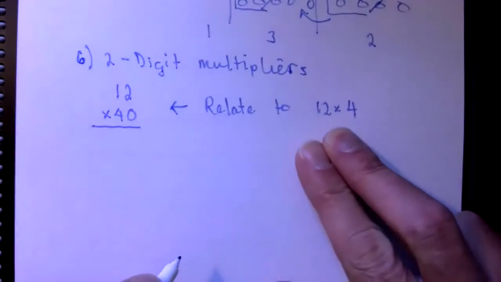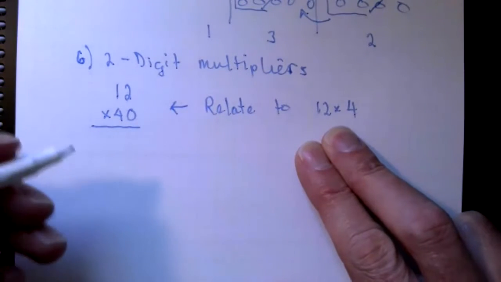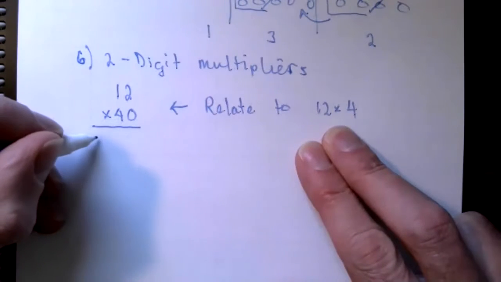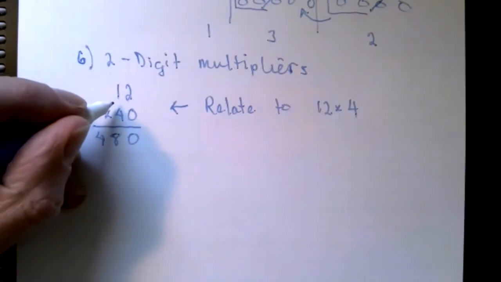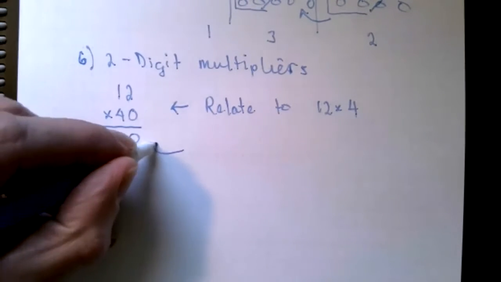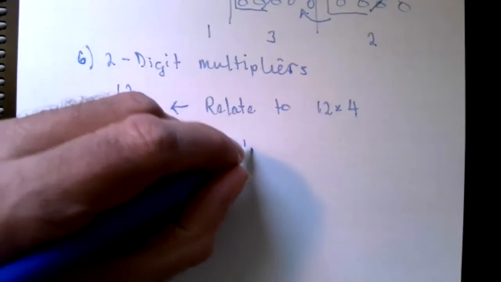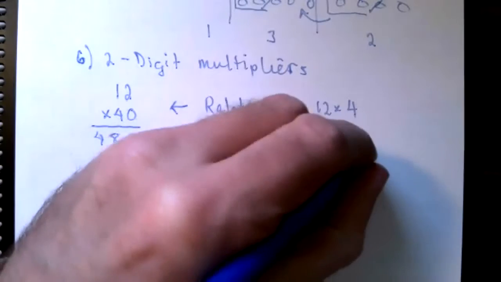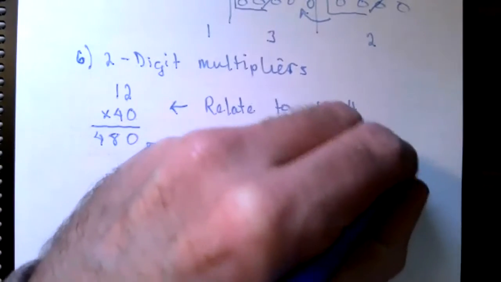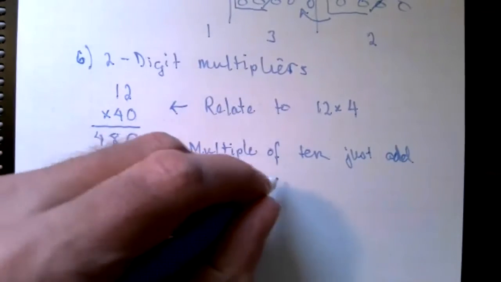Now you don't really need to know anything beyond this. You just need to know 12 times 4. And the idea is, well, if you're hitting it with a multiple of 10, that just adds an extra 0.